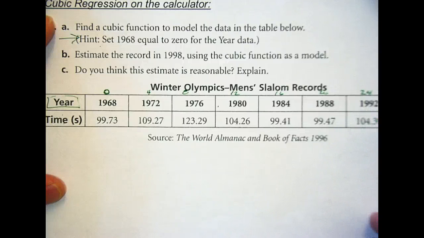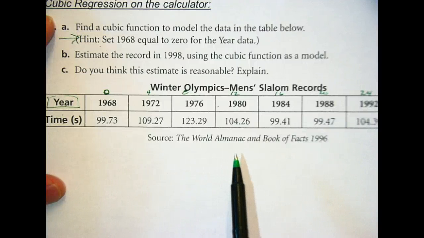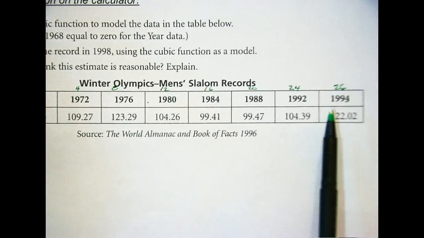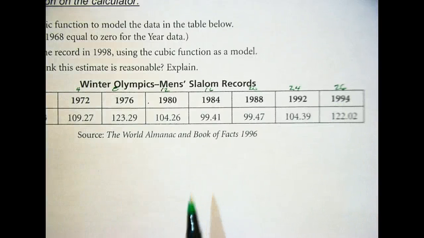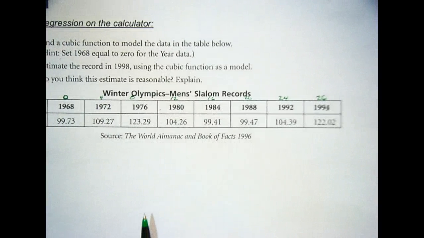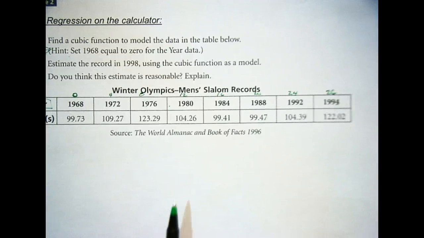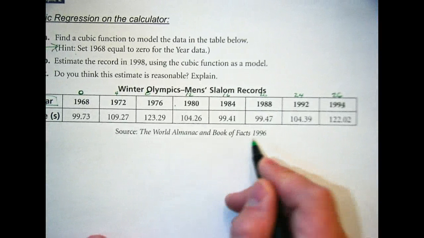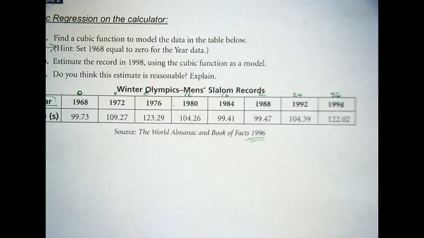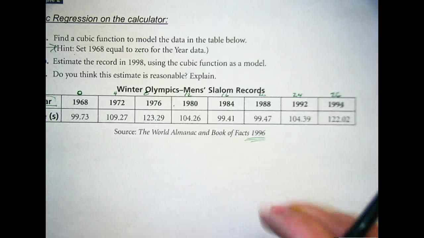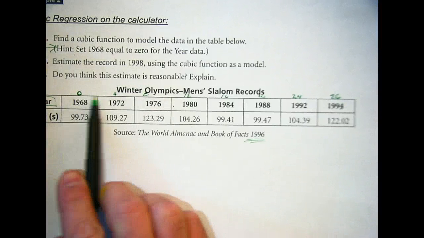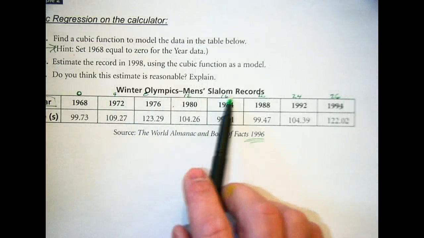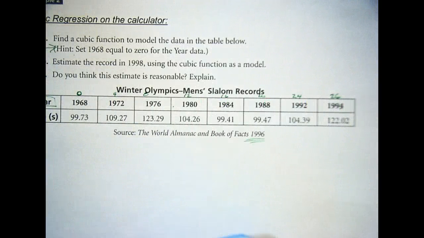Because 1996 did not exist when this book was put together. That shows how old it is. Crazy, right? You couldn't go to 96 because it wasn't 96. We didn't have the facts from it. I guess 96 was, but we just didn't have the numbers yet. So here's your x, 0, 4, 8, 12, 16, 20, 24, and 26, and then your y's.